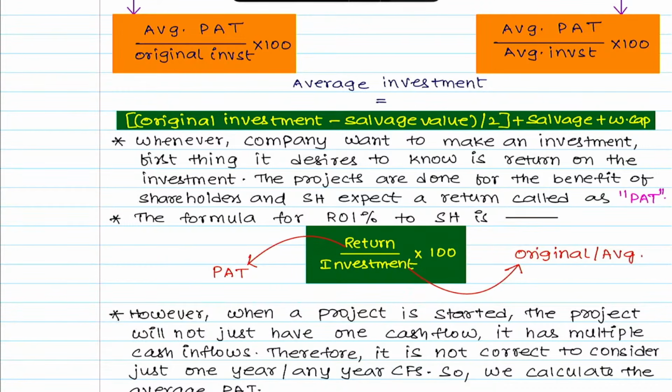Write that down also. Average investment equals original investment minus salvage value, divided by 2, plus again salvage plus working capital.